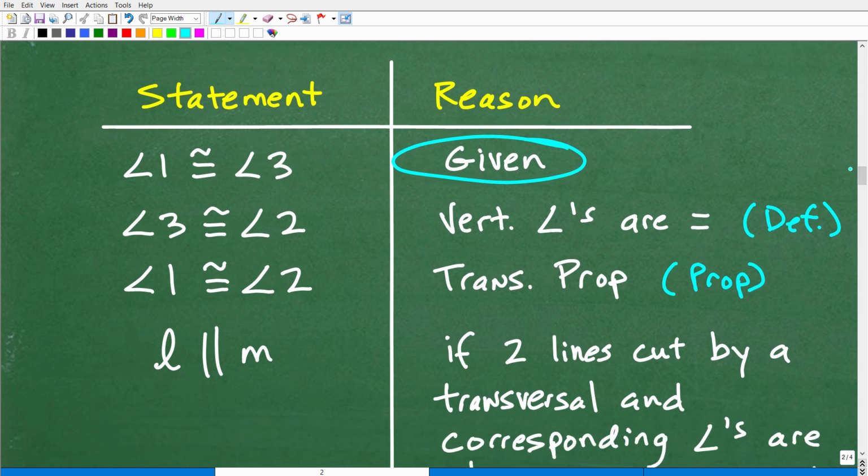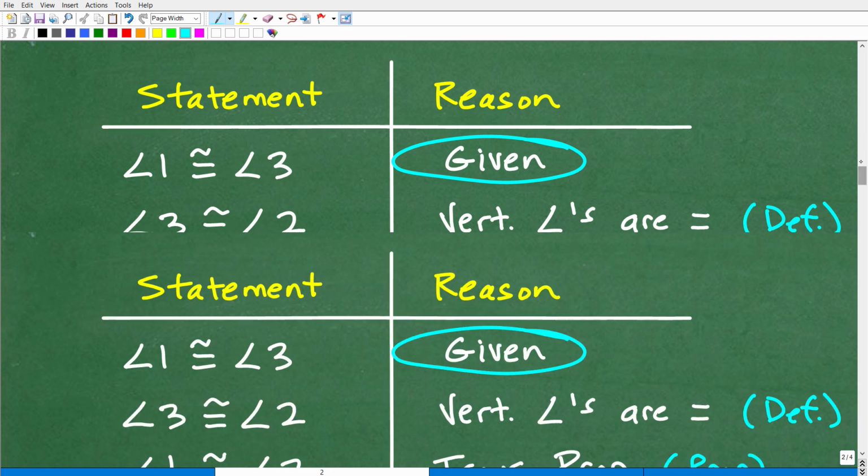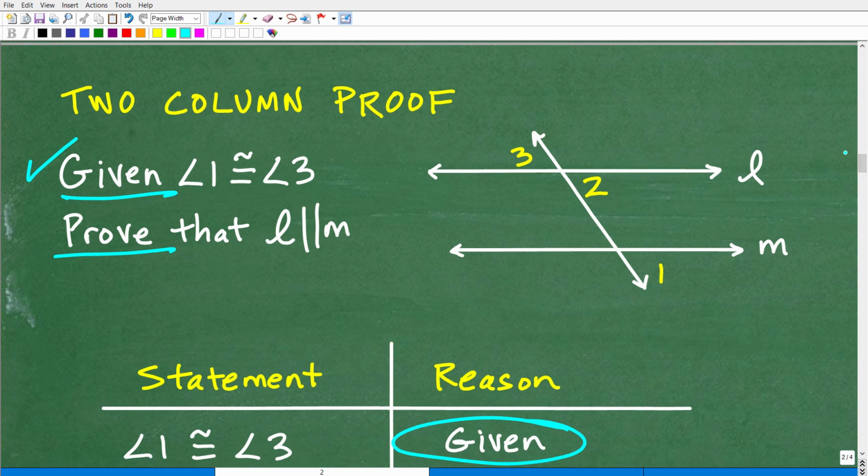Now I'm going to say angle 3 is congruent to angle 2. Remember, I'm already being told that 3 and 1 are the same angle. That's given information. But in order for me to make my case here, I need to justify that 3 and 2 are the same. And 3 and 2 are the same because of vertical angles.